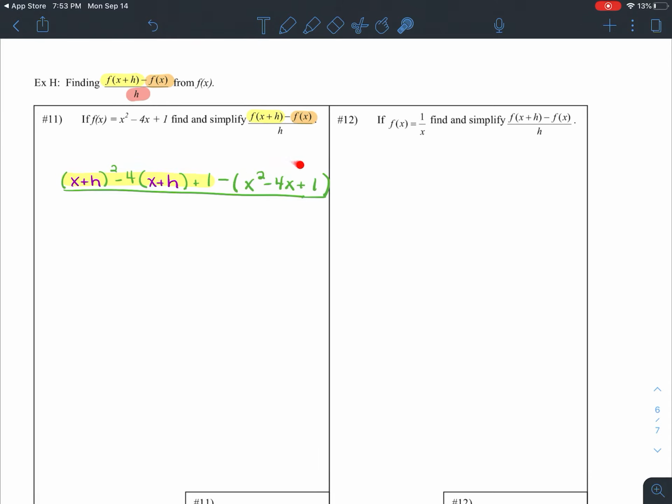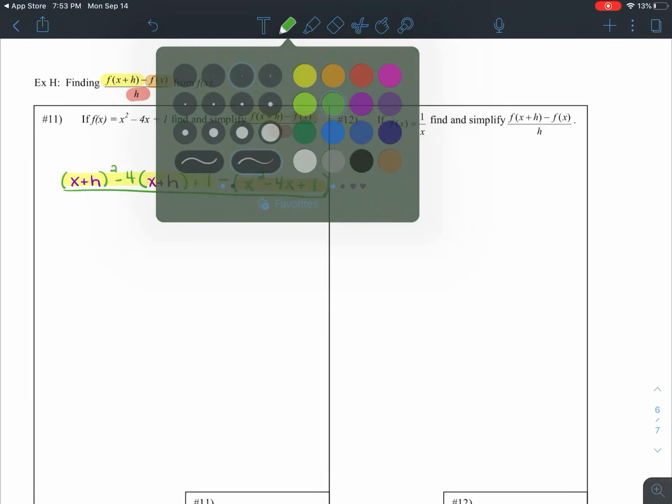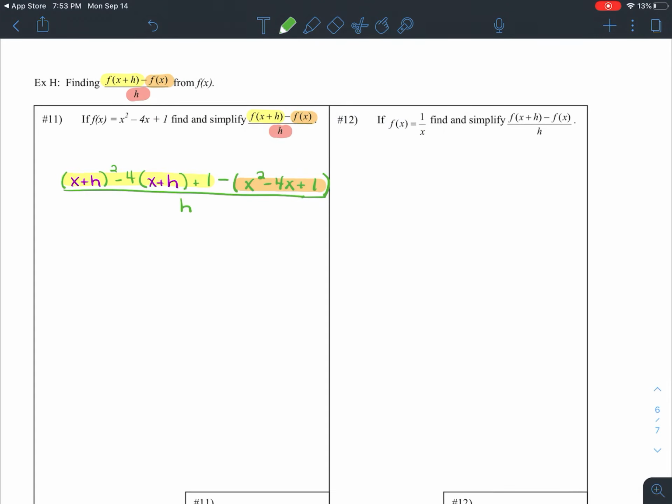So when you are subtracting f of x, you will at first need to put f of x all in parentheses so that in the following step, we can distribute that -1 from the subtraction sign to all three terms. Okay, so this part right here that I highlighted in orange, that represents me subtracting the original function f of x. Okay, then lastly, the denominator is just dividing by h.